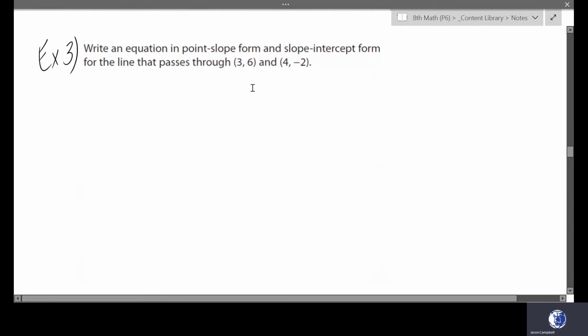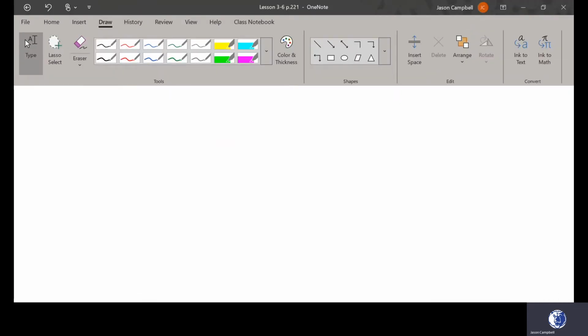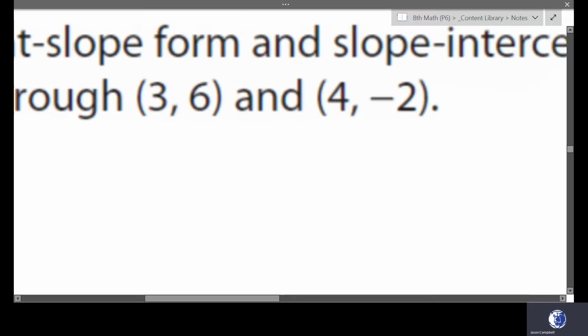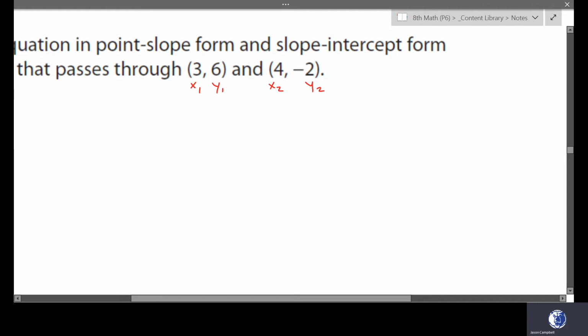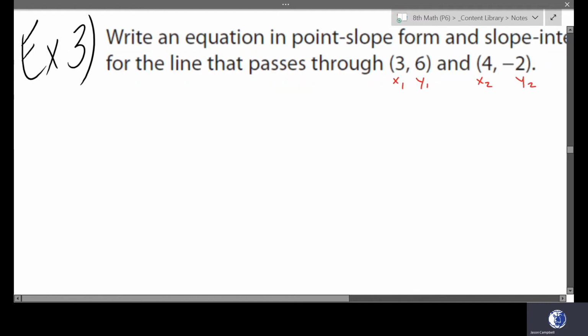Write an equation in point-slope form and slope-intercept form for a line that passes through 3, 6, and 4, -2. So first, I'm just going to label my 2 points as x1, y1, and x2, y2. Next, I'm going to use the slope formula to find my slope.